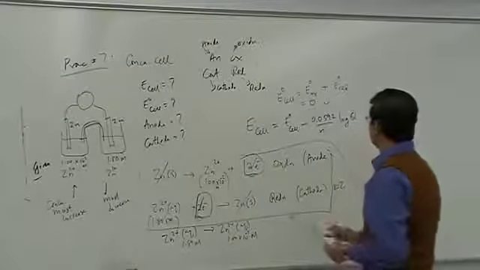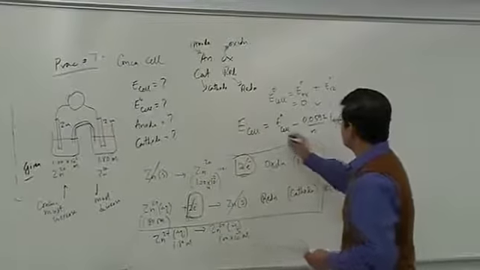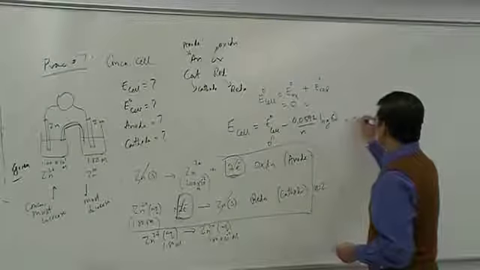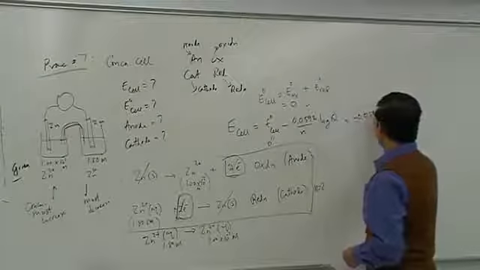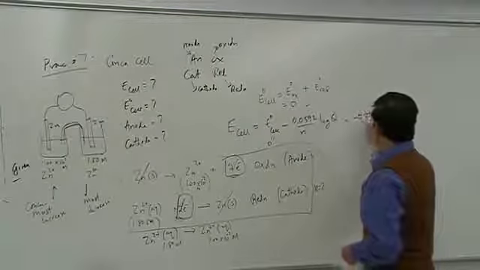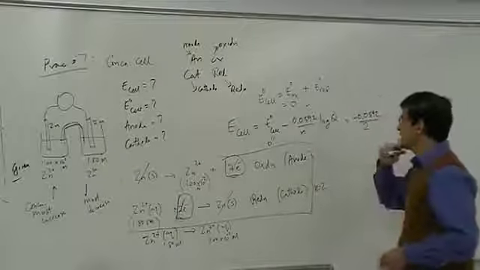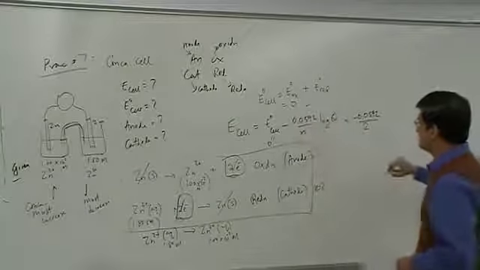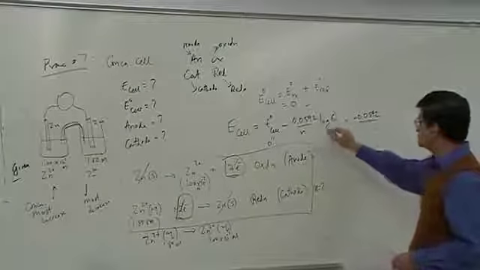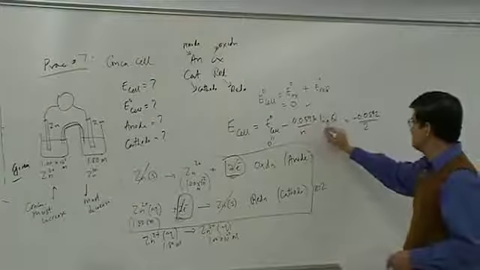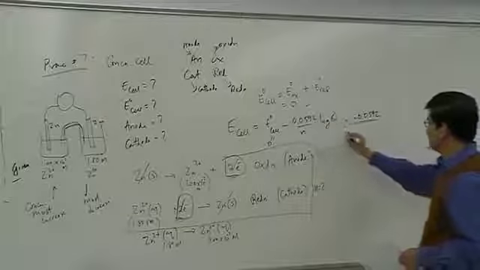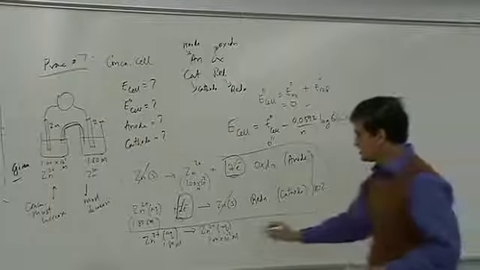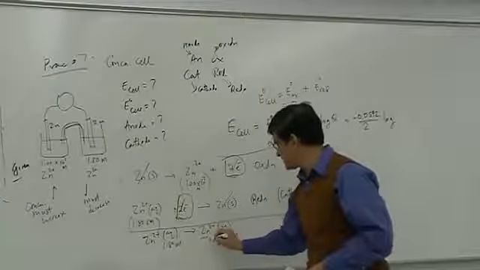So let me now plug in all these numbers. This is 2, this E0 is 0. We already know this is 0. So this equals minus 0.0592. This is a standard equation. You get it in the book and you find how we get this number. So 0.0592 divided by 2. This is n value for this particular one. Log of product over reactant.